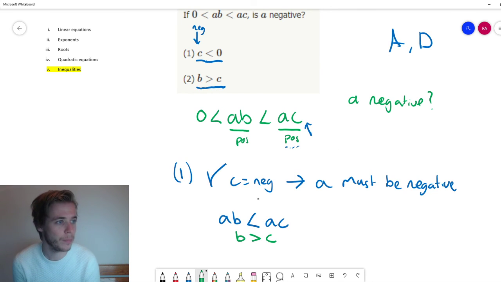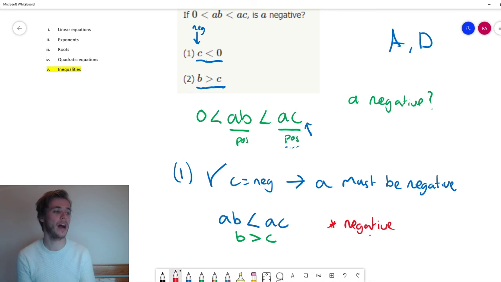How is this possible? This is only possible, remember from inequalities, because the sign flips when you multiply or divide by a negative number. And what happens here? B was smaller than C because A is the same.